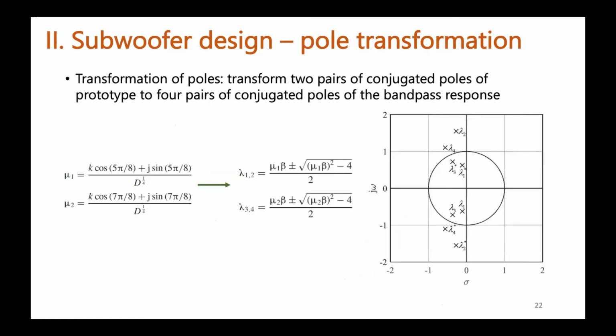So we take another method to directly transform the poles of the prototype. The low frequency prototype has two pairs of conjugated poles, and after transformation we can get 4 pairs of conjugated poles of the bandpass response as shown here.